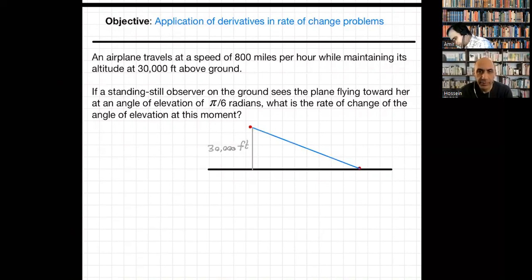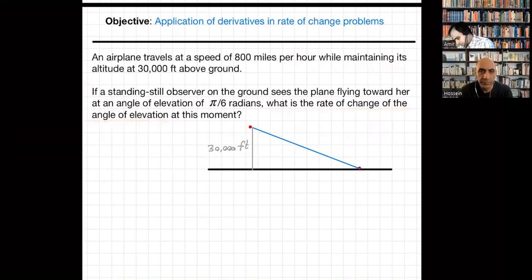And the plane is moving in this direction, maintaining the altitude horizontally. So we want to have the rate of change of the angle of elevation.